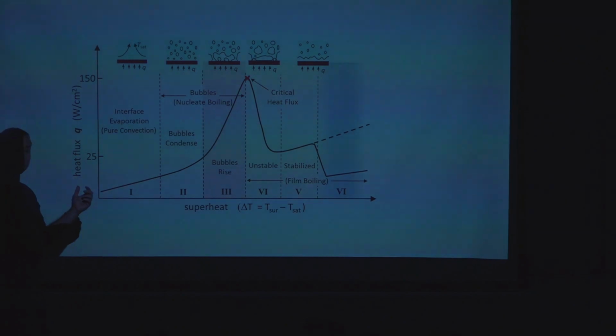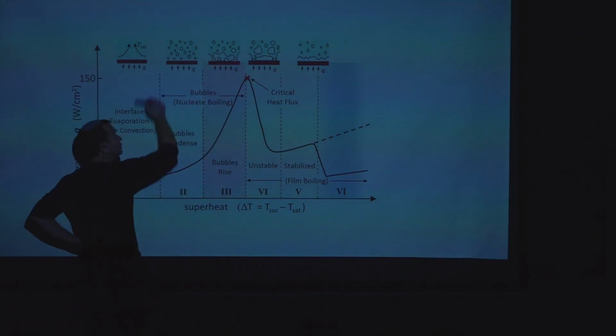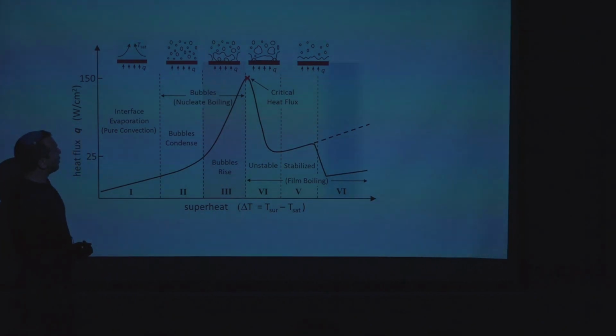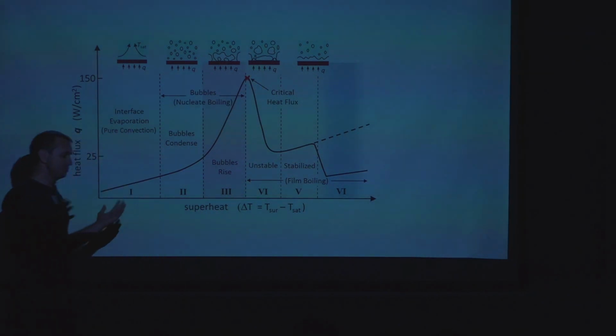The sizes of the bubbles depend on the temperature of the surrounding water. What happens is that the more we heat up, the closer the temperature is to the critical temperature, and the sizes of the bubbles go up.